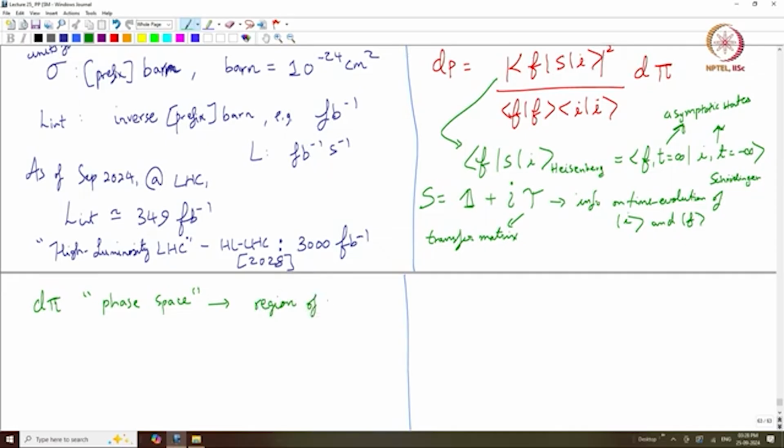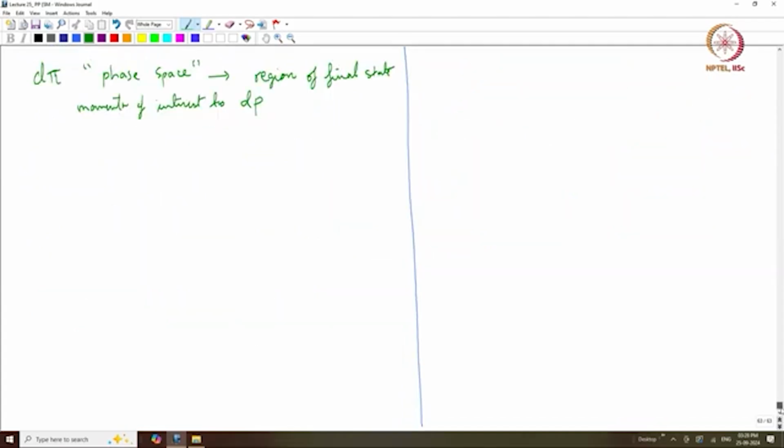So, this is nothing but the region of final state momenta that is of interest to this particular process, this particular probability. Okay, if that is a mouthful, let us just write an expression, it will become clear.